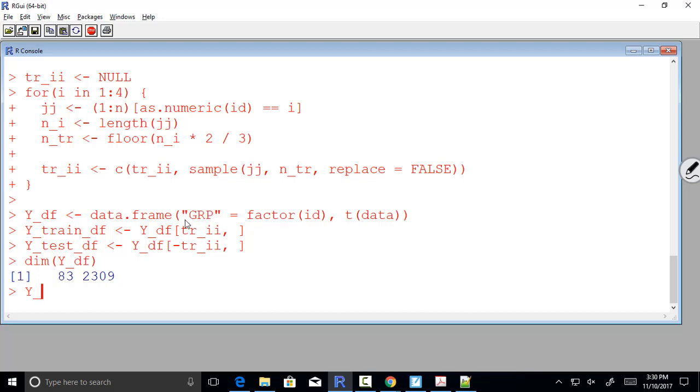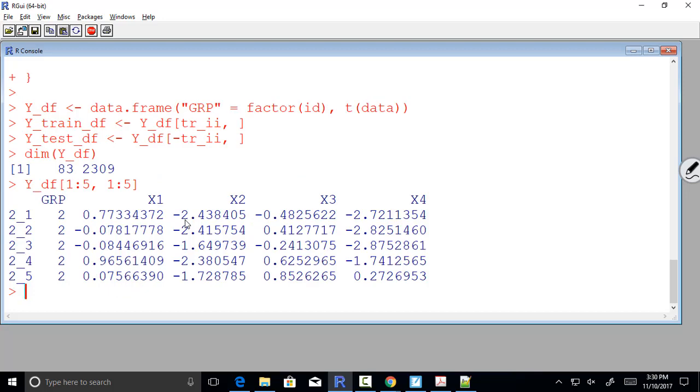Let's look at the first 5 rows, the first 5 columns. Each row is a person in my training data set. The x1, x2, ... goes all the way out to 2309. Those are all the features, or the genes, the predictor variables. And then my response, I put in the first column. Call it group. But we want to use the x's to predict group.